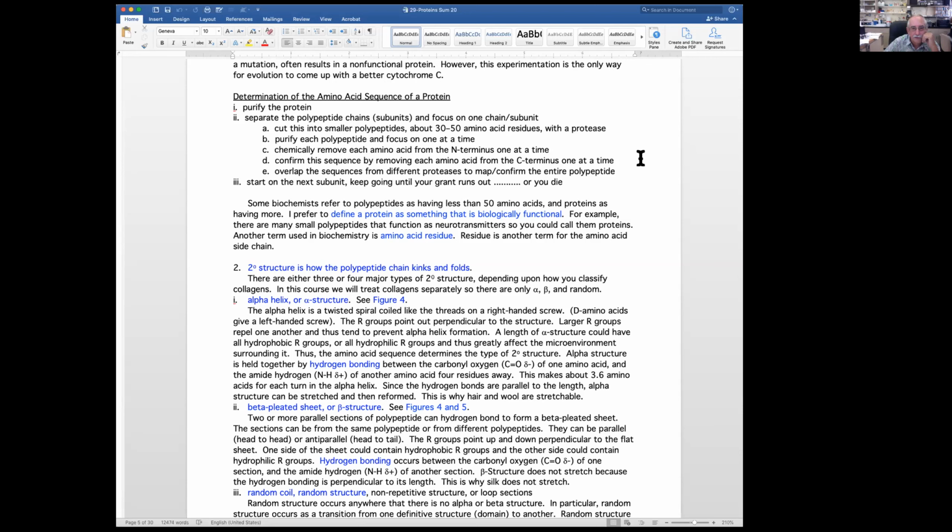But then you have to figure out, how do the pieces go together again? So to do that, you have to cut them in different places with a different protease, and then repeat the whole thing again. And then you're not even done, you got to go to the next subunit. So you essentially keep going until your grant runs out or you die.